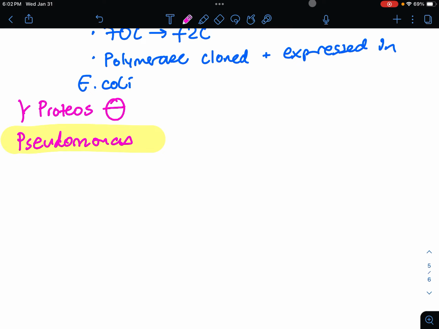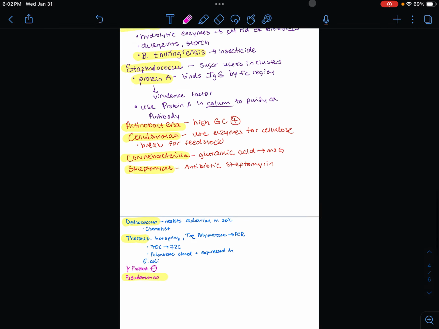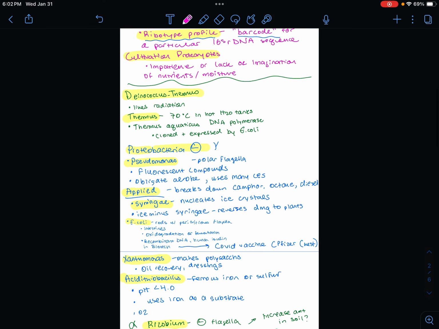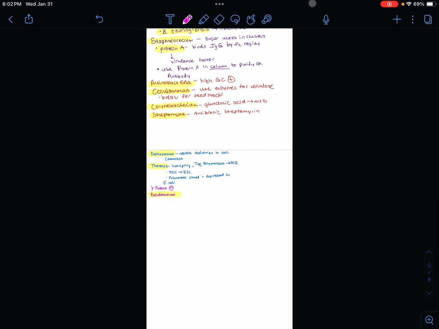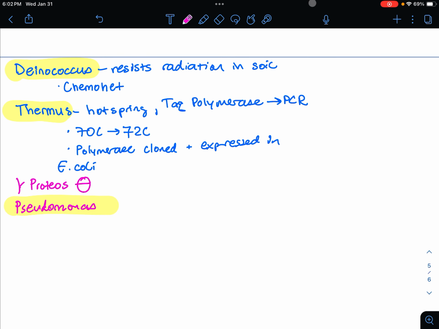Okay, so there's something important about the syringae one. Pseudomonas are going to have these fluorescent compounds that are yellowish green.